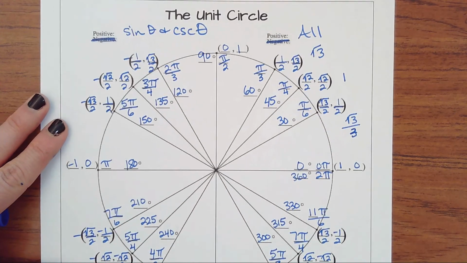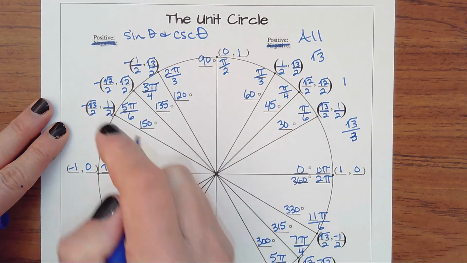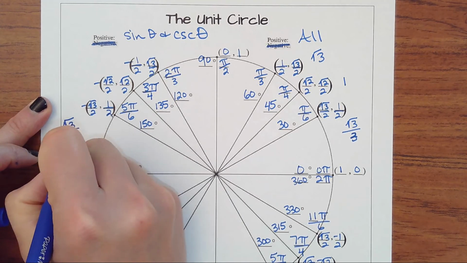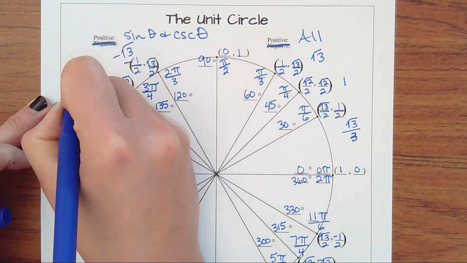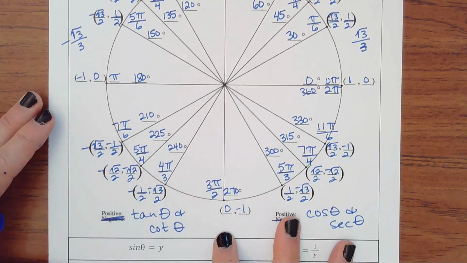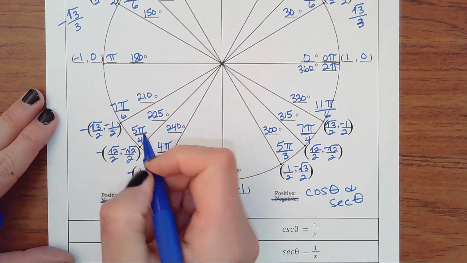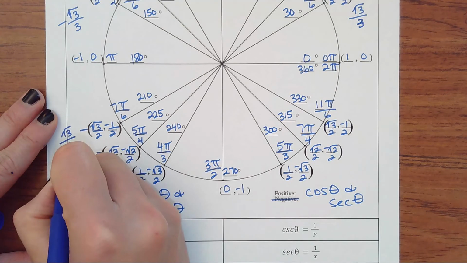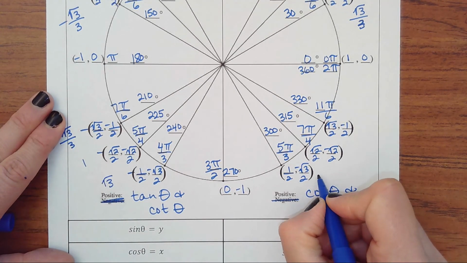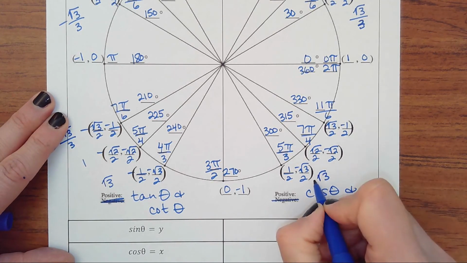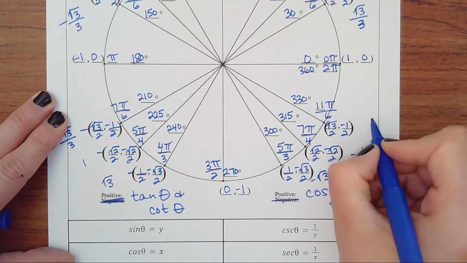And so transfer everything over, even with tangent, and then put your signs. So tangent all in quadrant 2 would be negative. In quadrant 3 would be positive. And then quadrant 4, it would all be negative.